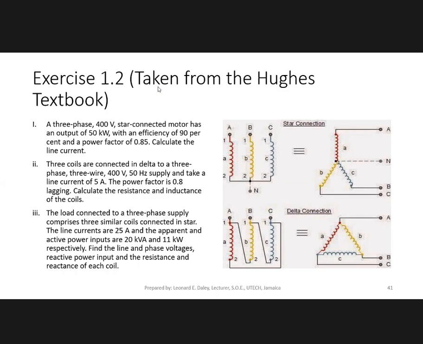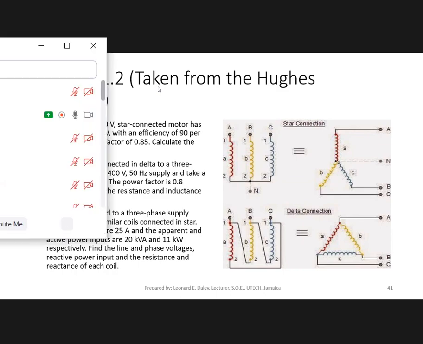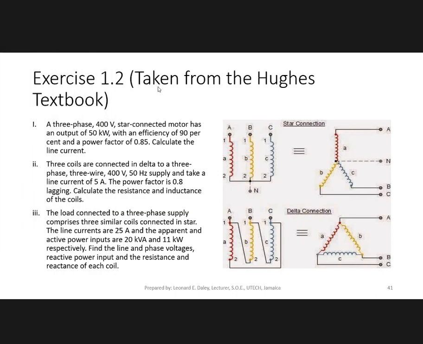You will get some more details on that, but I want to just finish doing in class the 2-watt meter method, which shouldn't take long, and then we can get into the lab. I suspect that maybe not next week, but the week after, we can get into the lab.